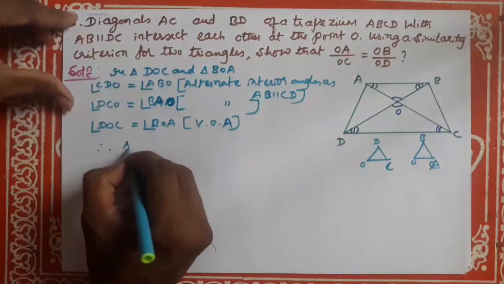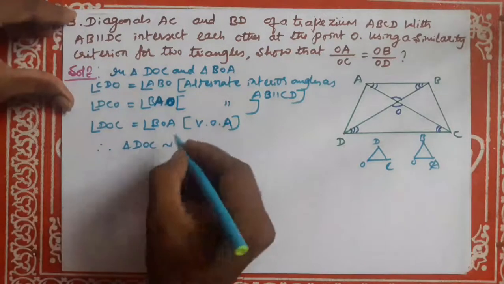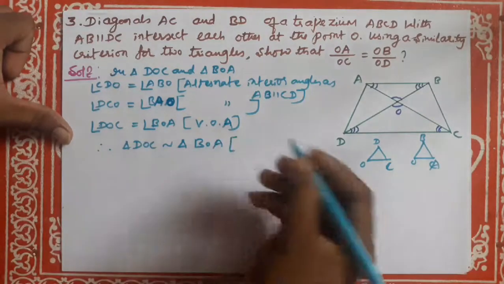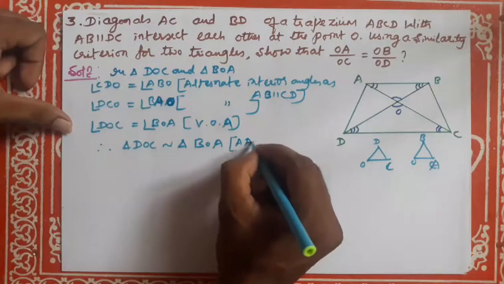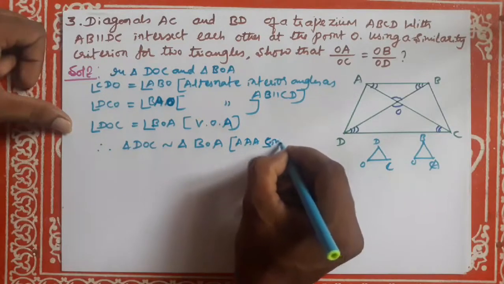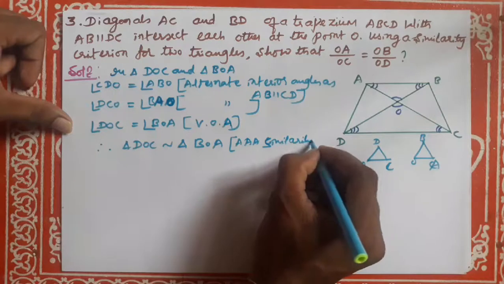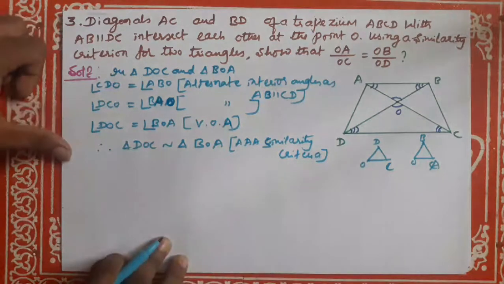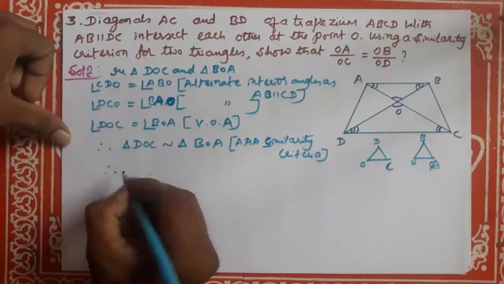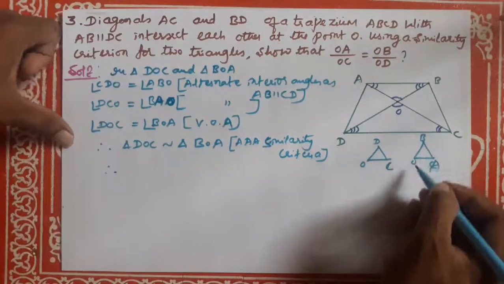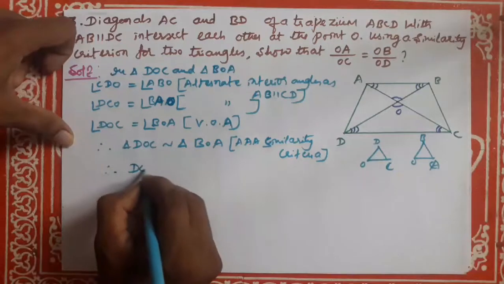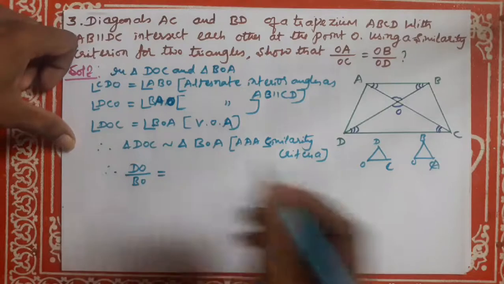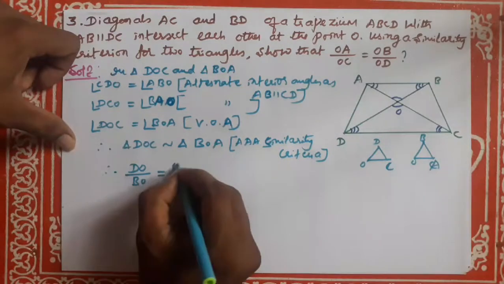Therefore, triangle DOC is similar to triangle BOA by the angle similarity criterion. Therefore, DO by BO is equal to OC by OA.